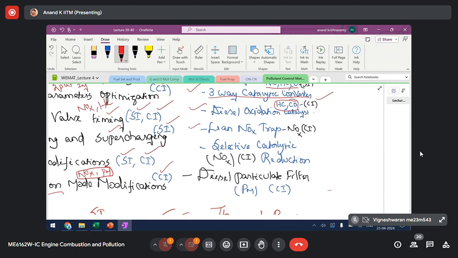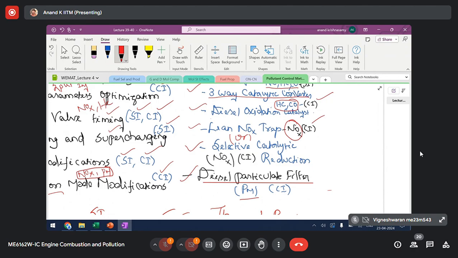Lean NOx trap or selective catalytic reduction method is used to control NOx in CI engine. Lean NOx trap is generally used for light duty or small diesel vehicles. Selective catalytic reduction method is generally used for heavy diesel vehicles. I will talk more about it as we move on. And the other device is diesel particulate filter, which needs to be used to reduce the particulate level from CI engine.